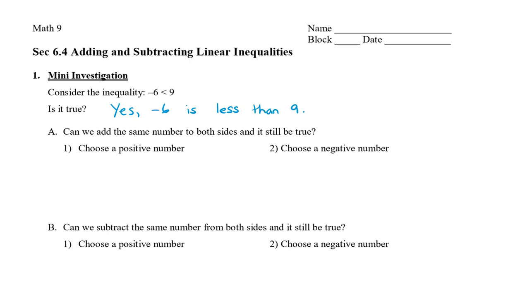Now, can we add the same number to both sides and this still holds to be true? For example, let's say we have -6 is less than 9, and I'm going to add 2 to both sides. When I do that, I get -4 is less than 11. And yes, this is still true.